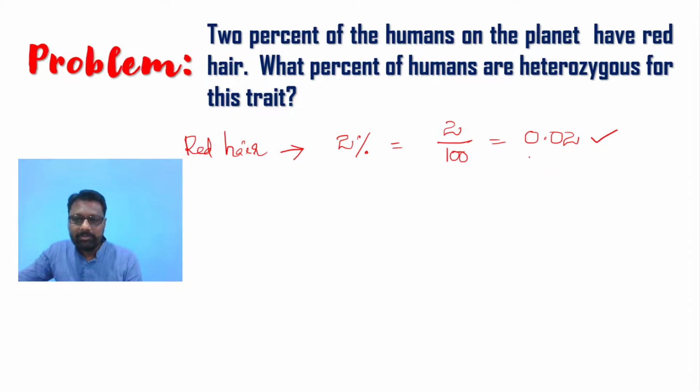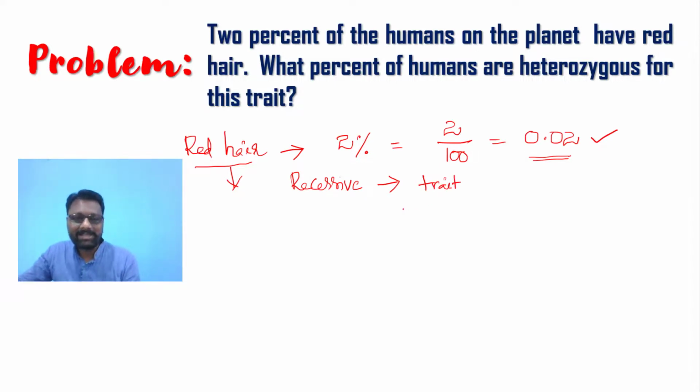Now you have 0.02 individuals with red hair, and you also know that red hair in an individual is mainly because of a recessive allele. So red hair is a recessive trait.